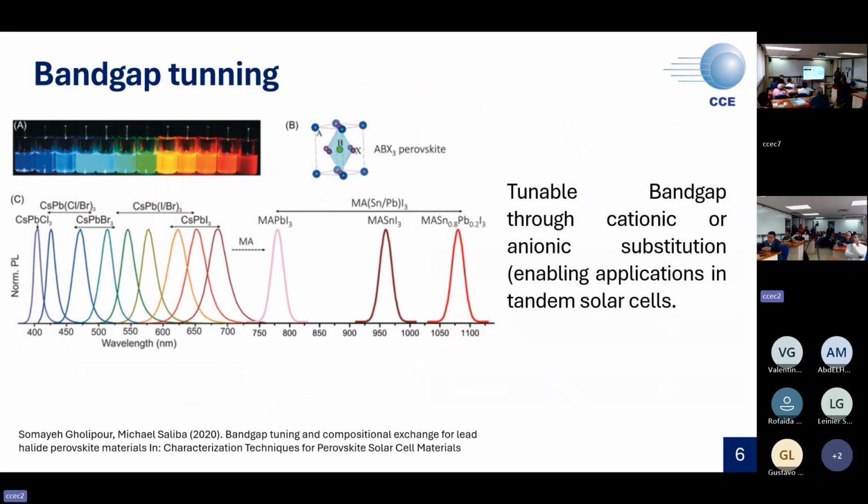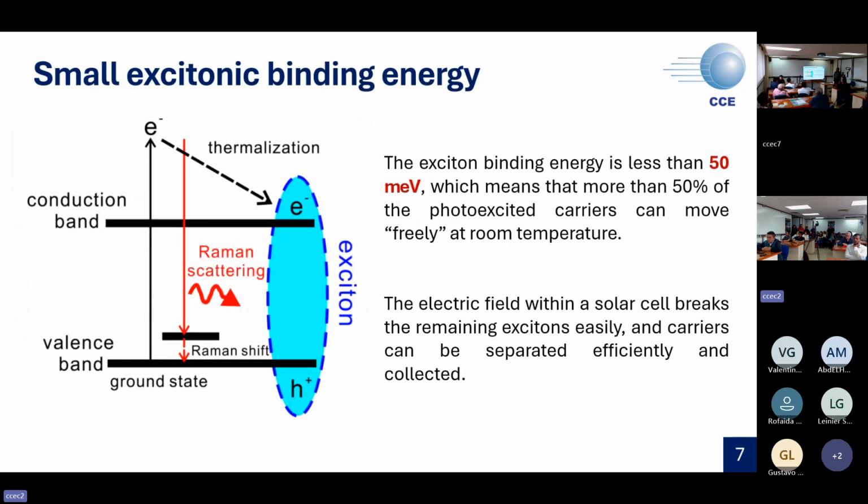Another important property is the tunable band gap through cationic or anionic substitutions. With this property it is possible to enable applications in tandem solar cells. And this material presents a small excitonic binding energy, and it is relatively easy to separate the photogenerated carriers at room temperature.